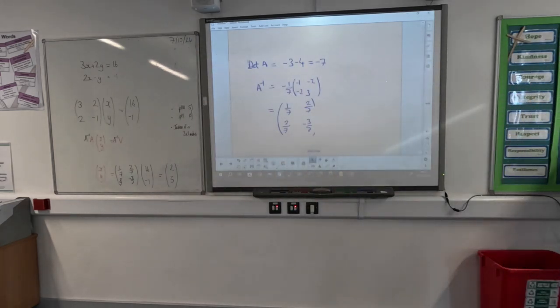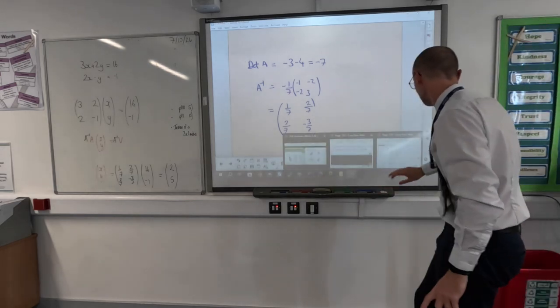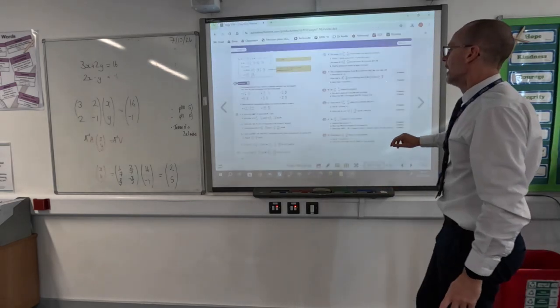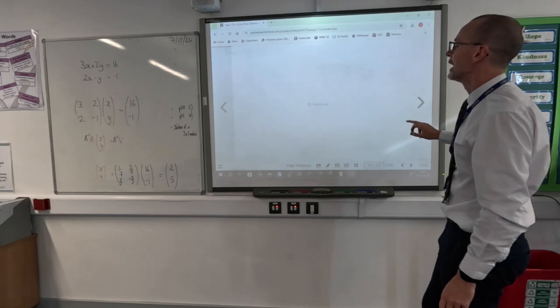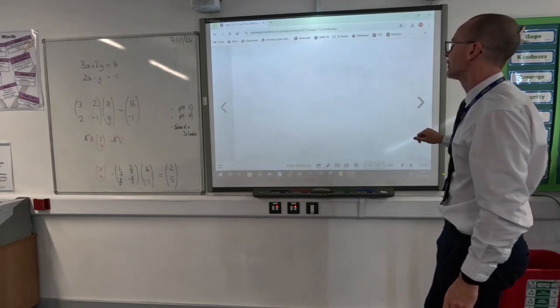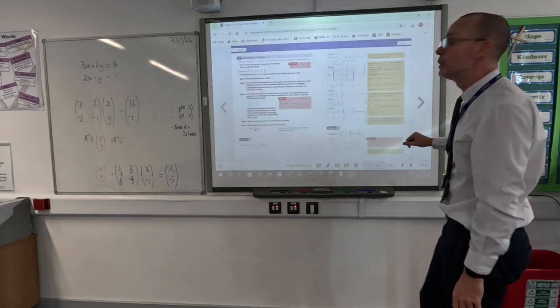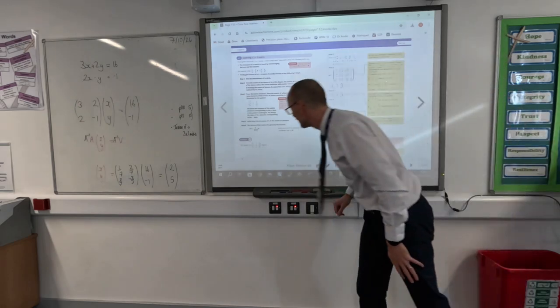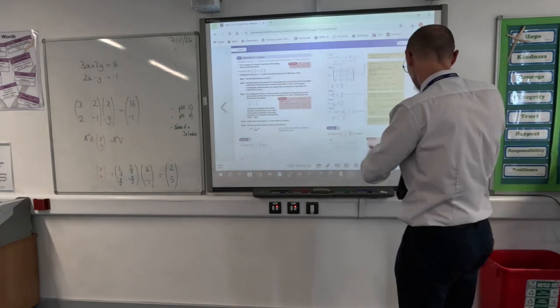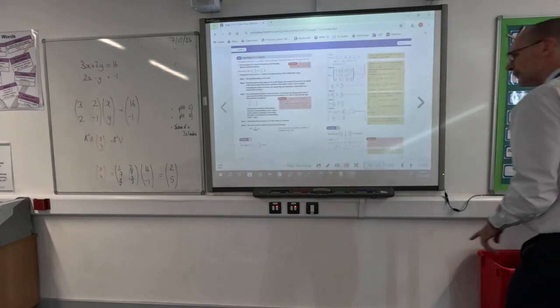So if I find in the book where it does that, and it says something hilarious like the inverse of a 3x3 matrix is more complicated. There you go. So that's on page 112.